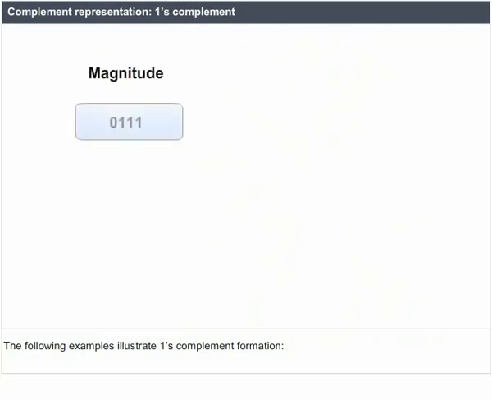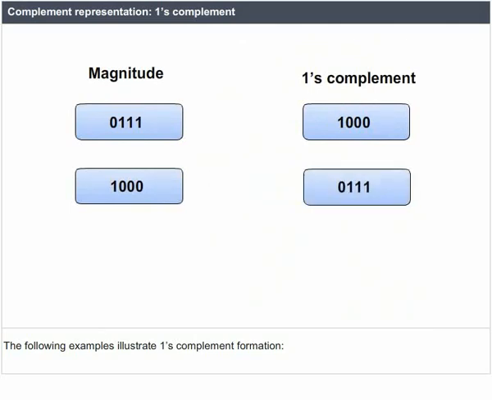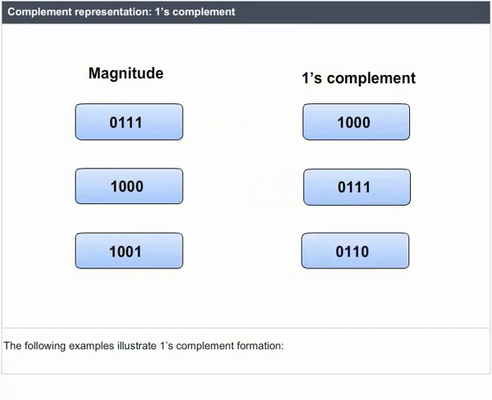Magnitude 0111, ones complement 1000. Magnitude 1000, ones complement 0111. Magnitude 1001, ones complement 0110.